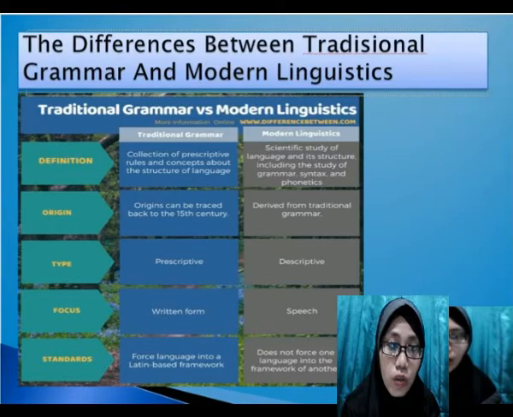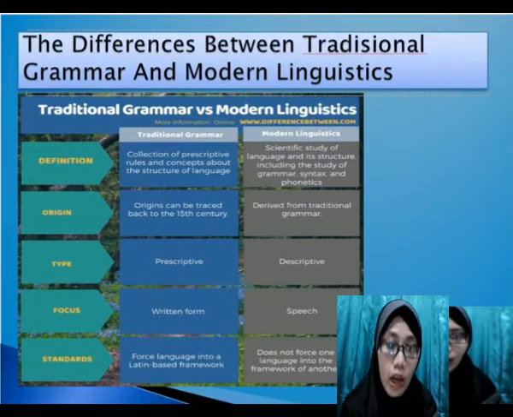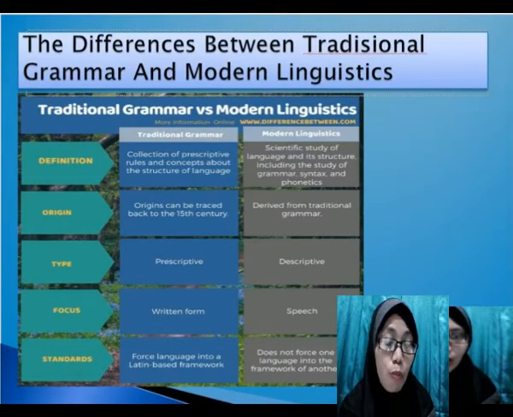Traditional grammar is focused on written form, and modern linguistics is focused on speech. The standards of traditional grammar force language into a Latin-based framework, and the standards of modern linguistics do not force one language into the framework of another.